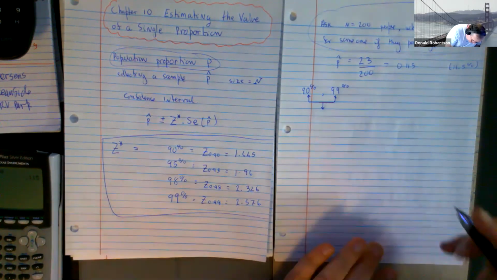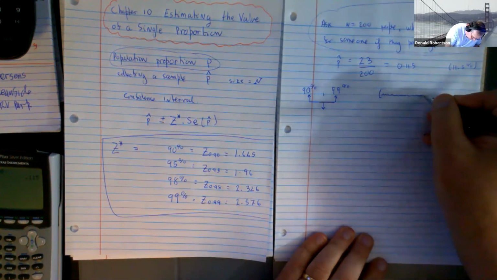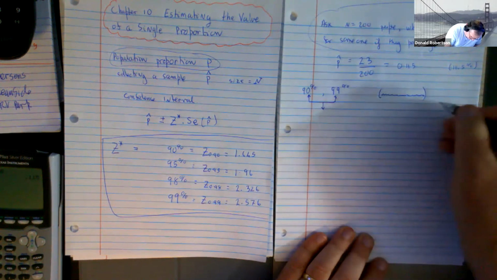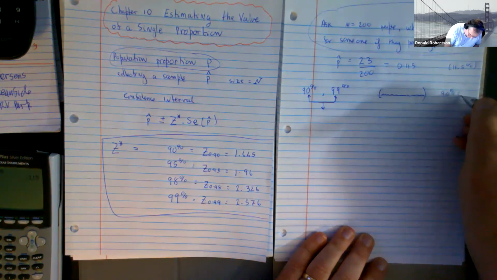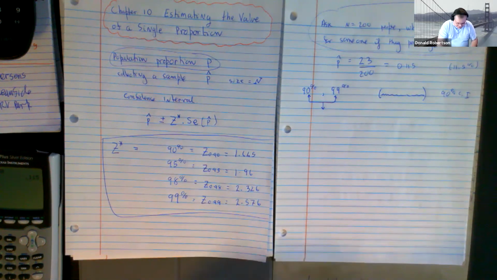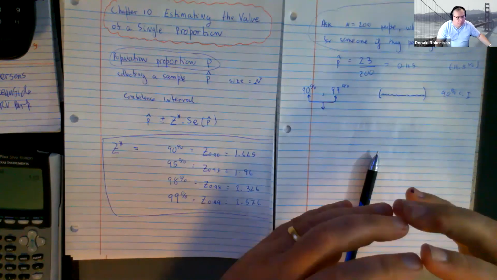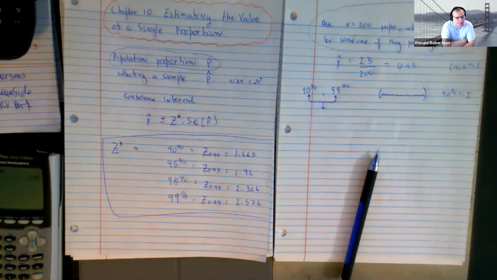Can you imagine this represents the start and the finish, so there's some kind of scale going on here, for a 90% confidence interval. Would you expect a 99% confidence interval to be an even bigger interval or a smaller interval? What would common sense tell you?